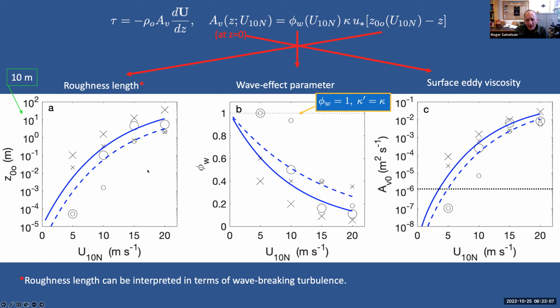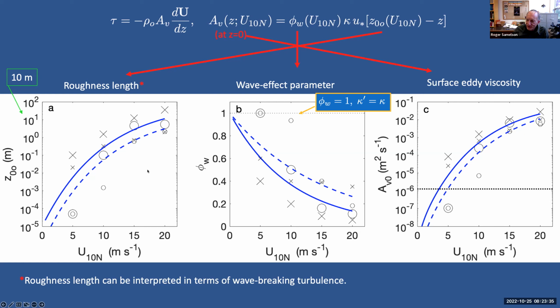And at the same time, the wave effect parameter actually decreases by an order of magnitude from near 1, which would be the rigid boundary layer value, a rigid wall boundary layer value, to about 0.1 at the highest wind speeds considered here. And the result of that is that the eddy viscosity also changes by many orders of magnitude, the surface value, so that at the lowest wind speeds, it's basically even less than molecular viscosity.